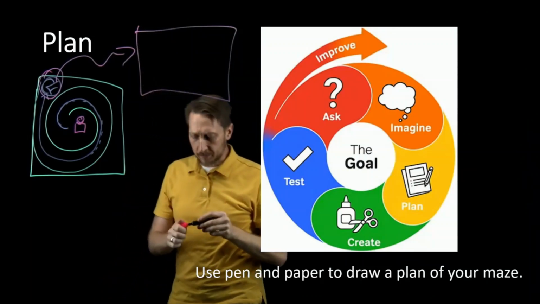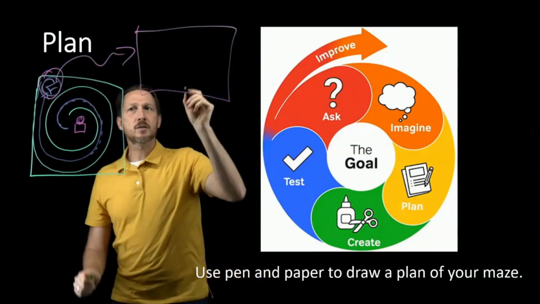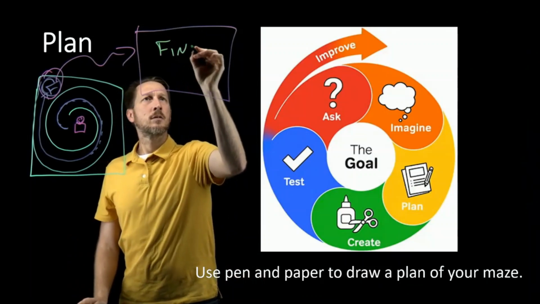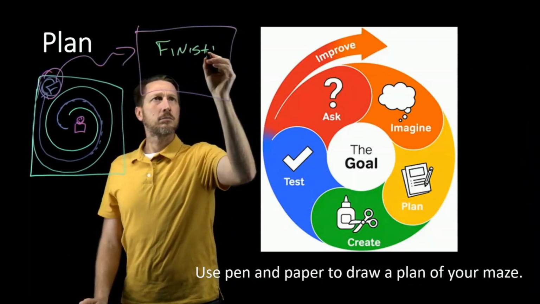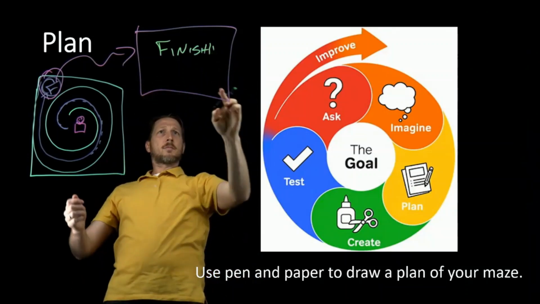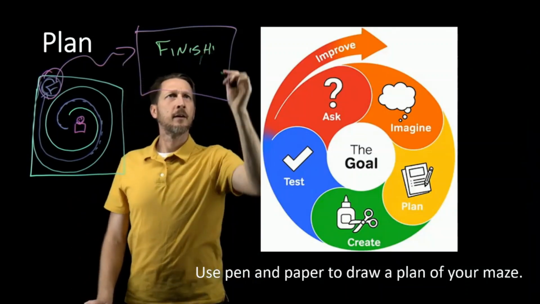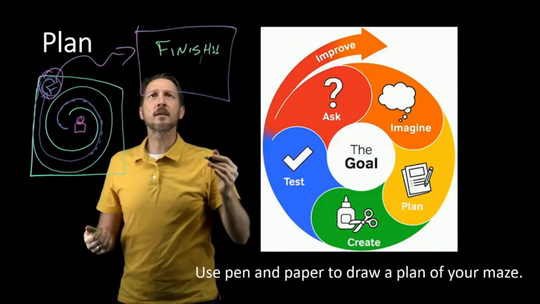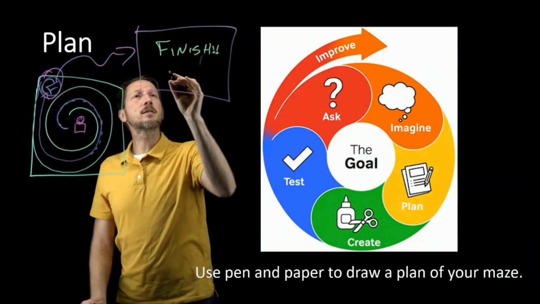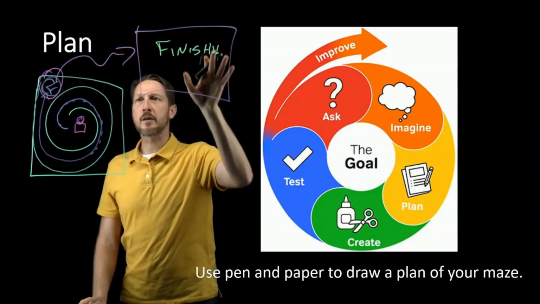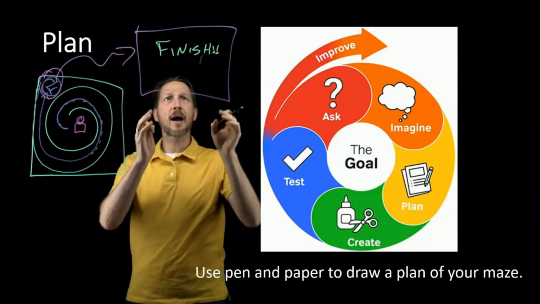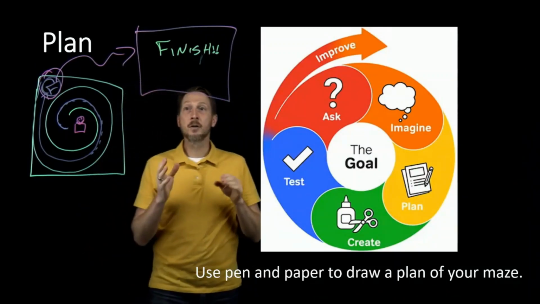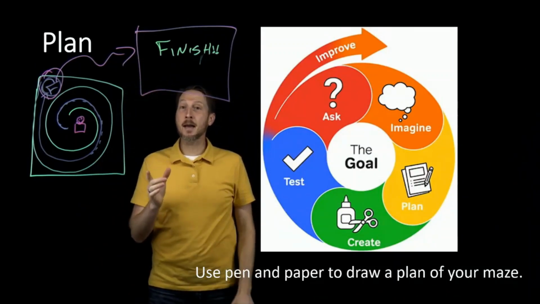I want to make a different screen at the very ending that is going to say something like "Finish!" with some exclamation marks. "Good job," something like that. So I want this to be a congratulations screen. I want the maze to go away and the background to change to some type of a finish screen. So this is my plan.